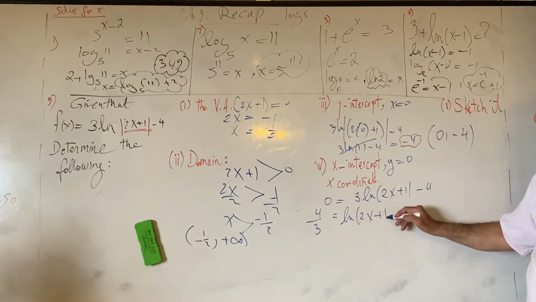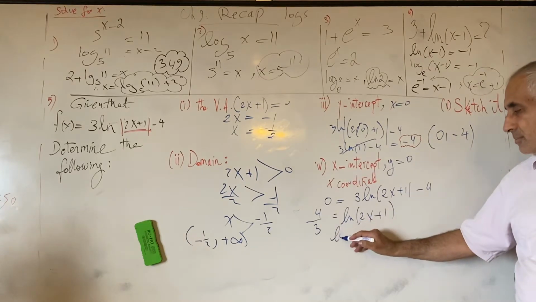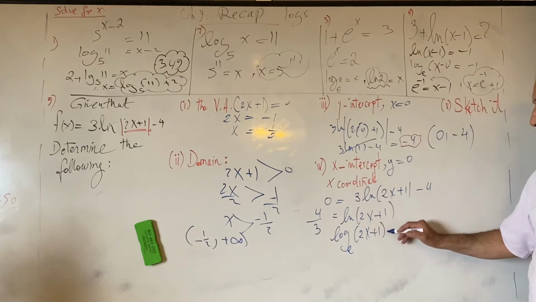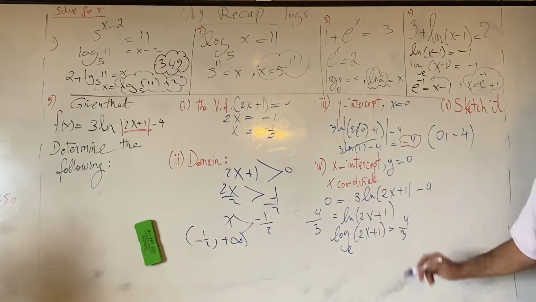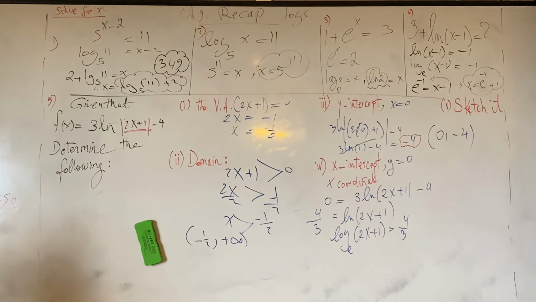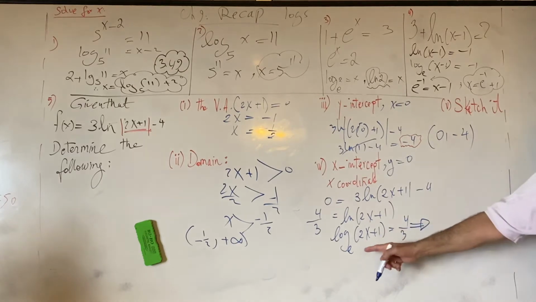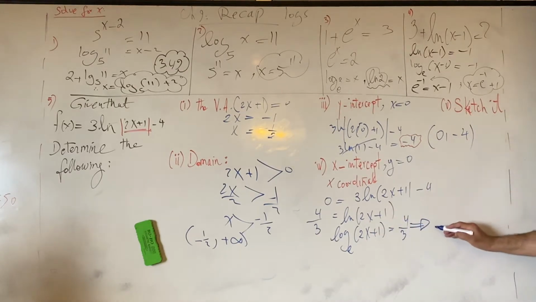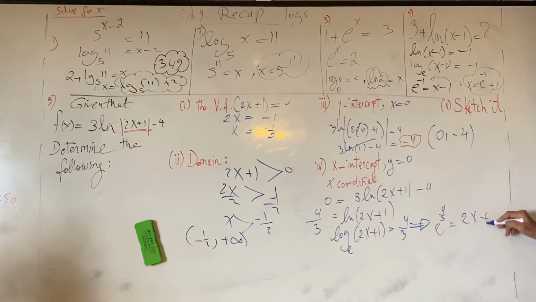Maybe you should remember by now what ln means. Some people say, oh, I forgot. You can't forget. I put the 4 over 3 here. You know why? Because I'm used to converting the logarithmic expression to exponential by putting the number on the right-hand side. That's me. So e to the power 4 over 3 equals 2x plus 1.